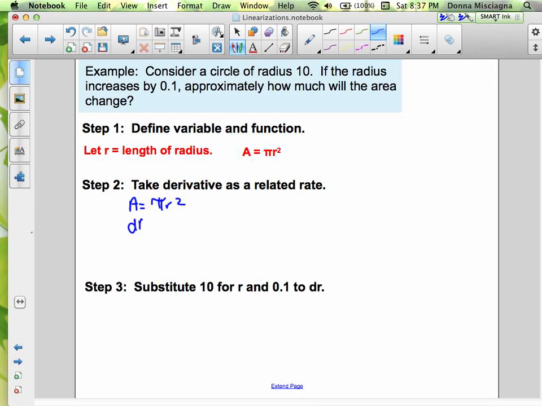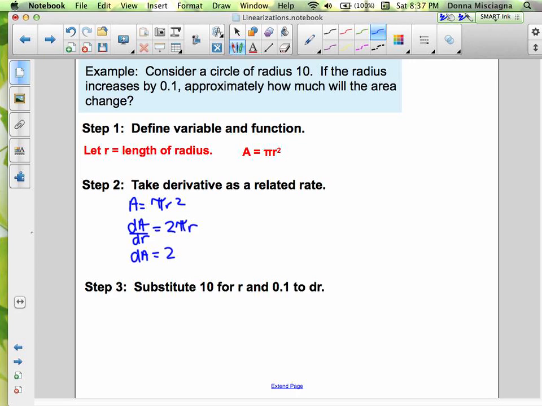So dA/dr, the change in area relative to the change in the radius, our derivative, is going to be 2 pi r. To change from a derivative to a differential, just move the dr over.